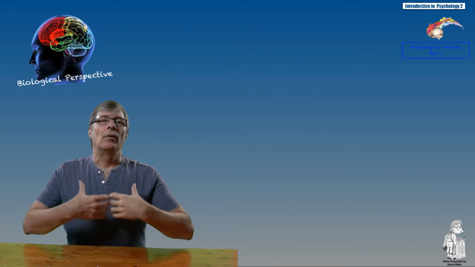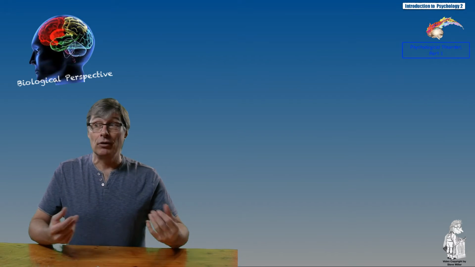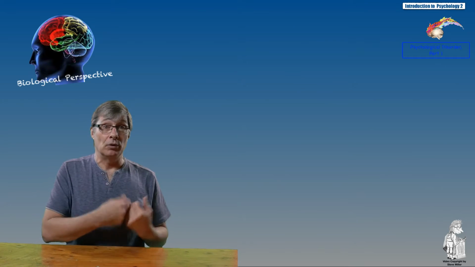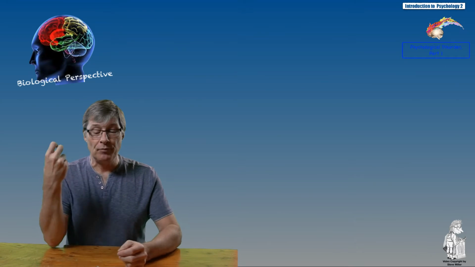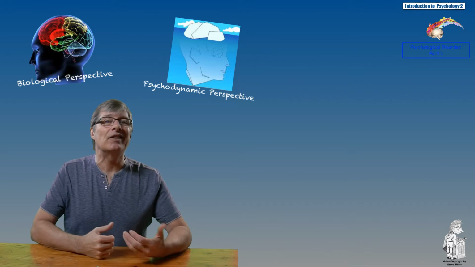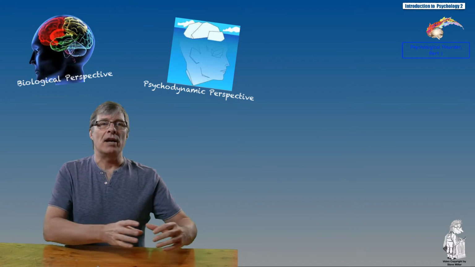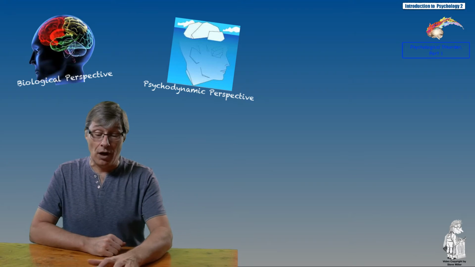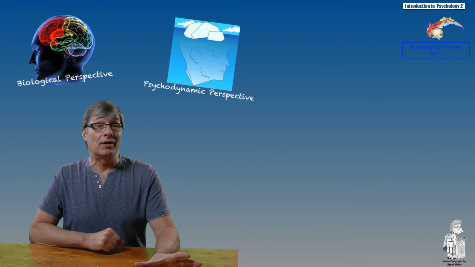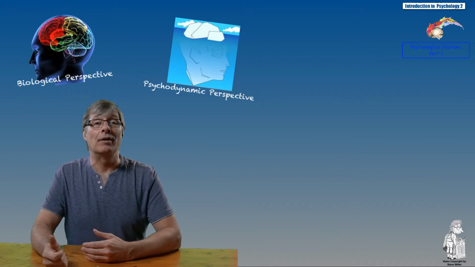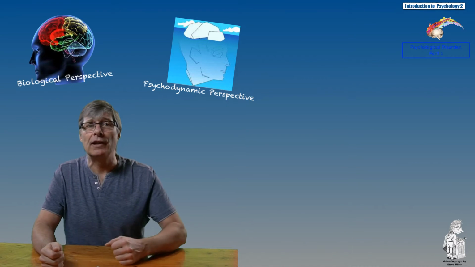So the biological perspective looks for what biologically in us is an underlying physical disorder that would explain the psychological disorder. Two is the psychological or psychodynamic perspective. This maintains that it is caused by unconscious, unresolved conflict. That's the hallmark of psychodynamic. It looks to the unconscious and to unresolved conflicts, often from childhood.